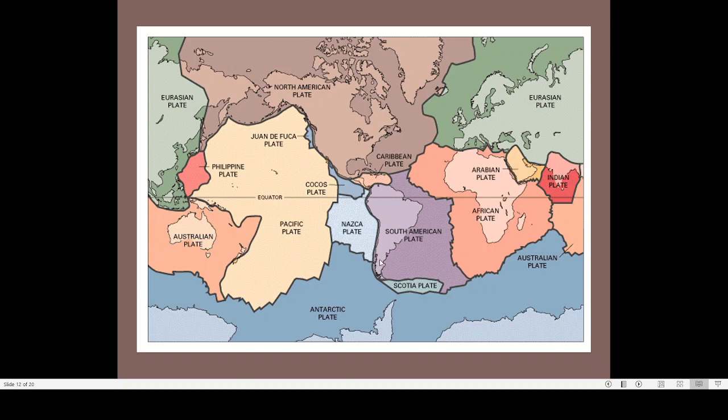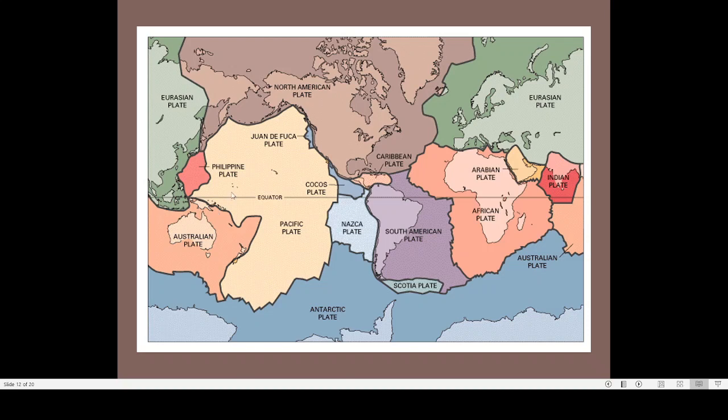This is an earthquake prone area. Similarly, if you look at this Indonesia area, that is also an earthquake prone area. Here the Philippine plate and the Australian plate are meeting each other.